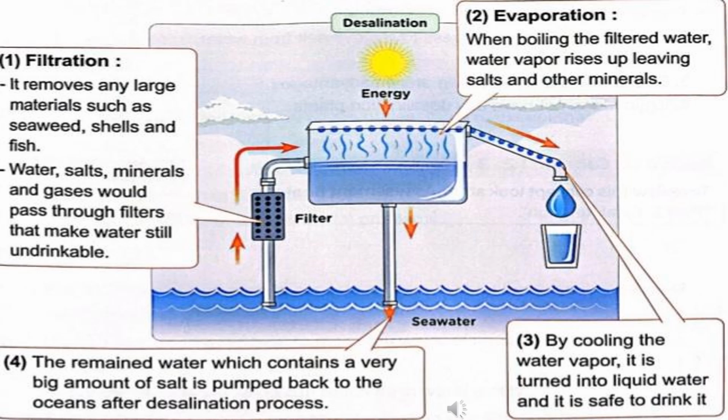When boiling the filtered water, water vapor rises up, leaving salts and other minerals. 3. By cooling the water vapor, it is turned into liquid water, and it is safe to drink it. 4. The remaining water, which contains a very big amount of salt, is pumped back to the oceans after the desalination process.